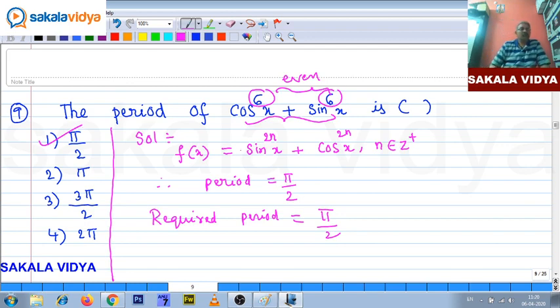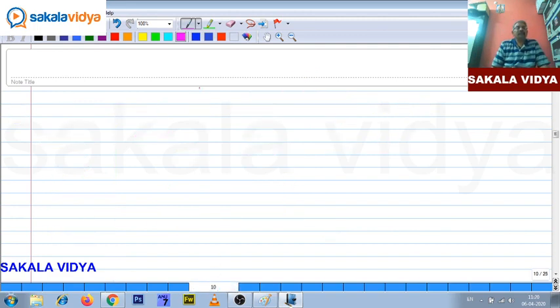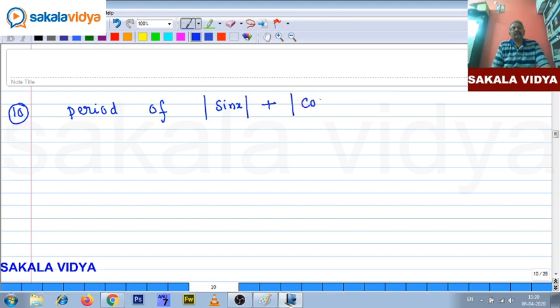So now, 10th question: period of mod sin x plus mod cos x is.